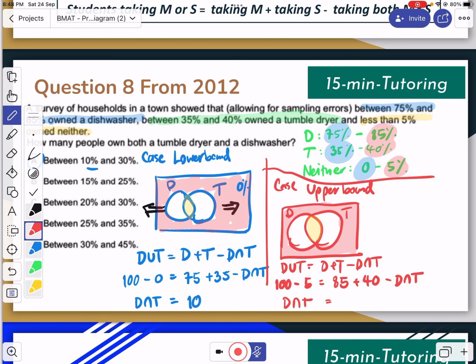And with the calculation, we get an upper bound of 30%. And that's it. That's the upper bound, 30% here. And the answer is A.